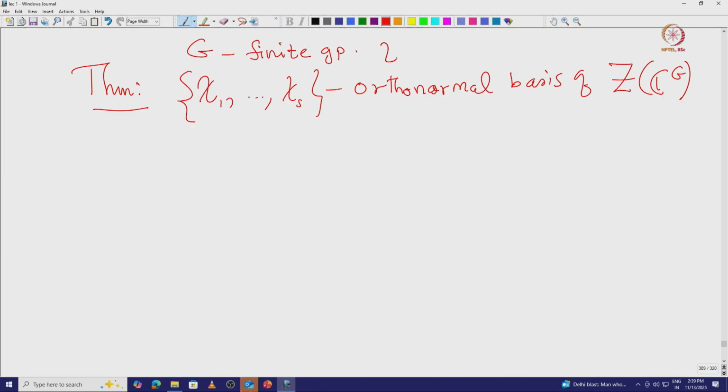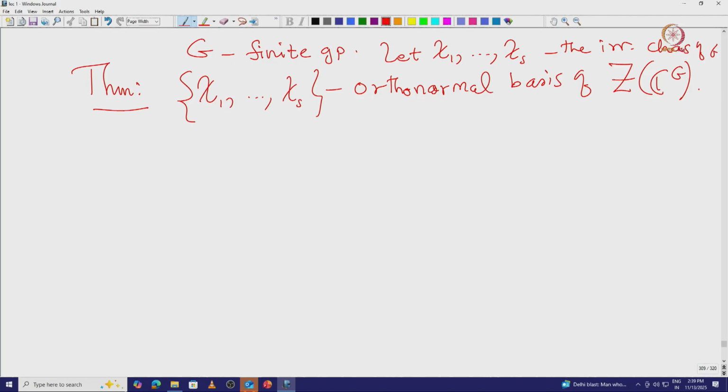Like I said, this is the complete set of characters chi 1 etc. chi s, the set of irreducible characters of G. We already proved that it is indeed an orthonormal set. So, the important thing to prove is that they span this Z of C G.